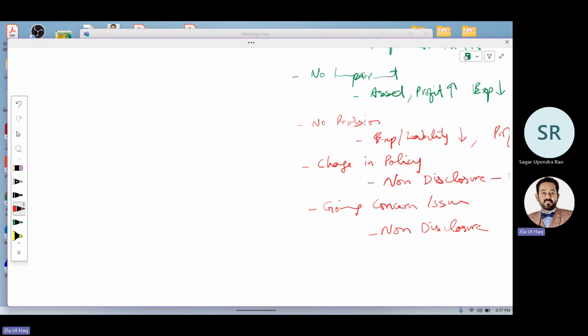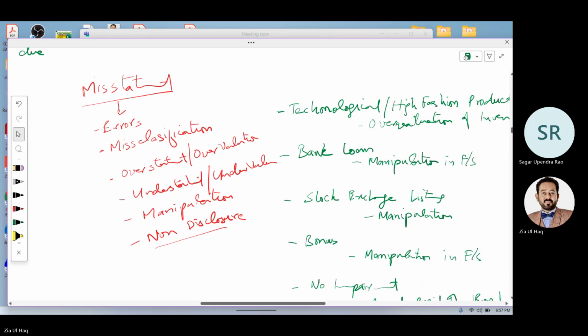What if your examiner says, while writing inherent risk, students are only explaining the issue. The company is operating in fashionable products, so inventory could become obsolete. Is this inherent risk? No, this is incomplete.